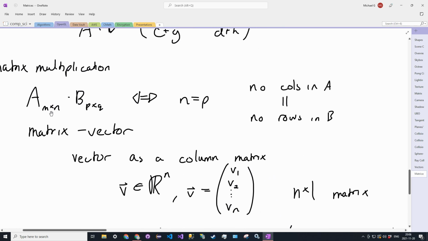So the left-hand side matrix is A, and the right-hand side is B. And we'll see that this makes this operation non-commutative, meaning A times B does not usually equal B times A.